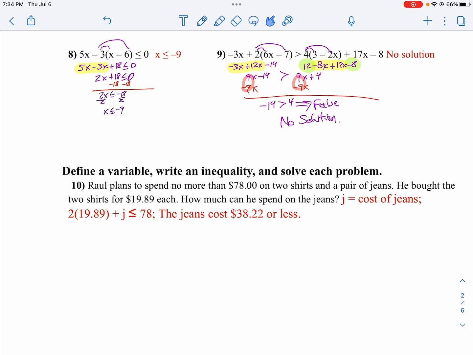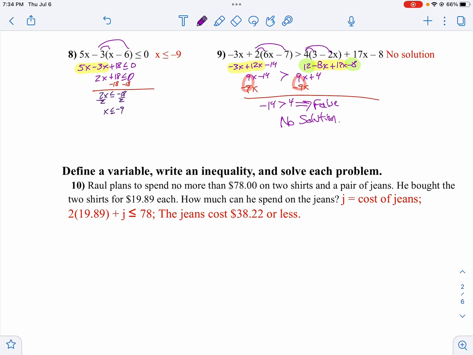Okay, on number 10, we're going to define a variable, write an inequality, and solve each problem. So pretty much what we did on questions 5 through 9. It says, Raul plans to spend no more than $78 on 2 shirts and a pair of jeans. He bought the 2 shirts for $19.89 each. How much can he spend on jeans?